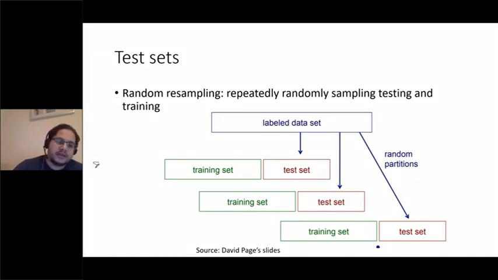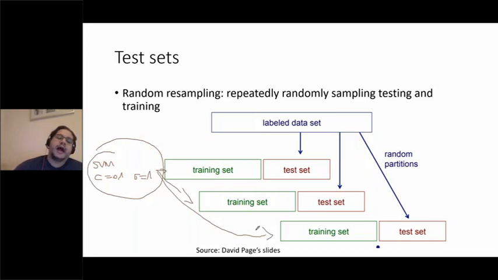Say, for example, I use an SVM with C equal 0.1 and sigma equal 1. If I use this in all the models, but with different training sets, the hyperplane that I'm computing will be different. Yes or no?